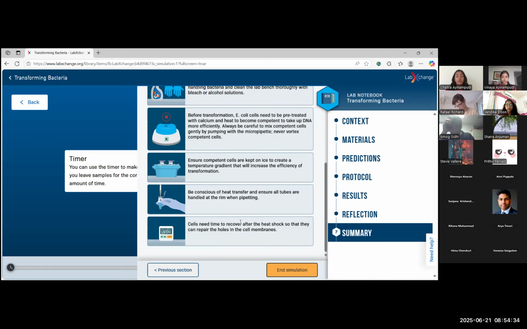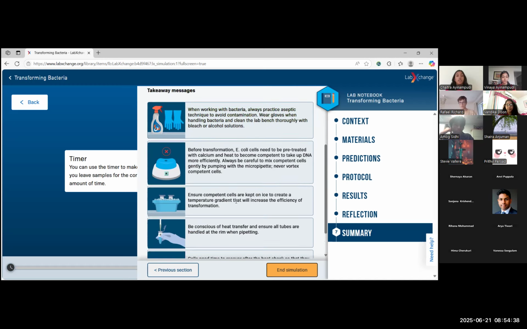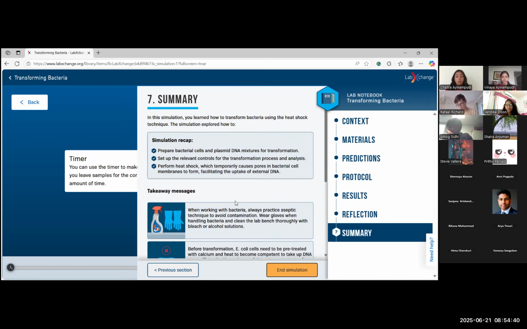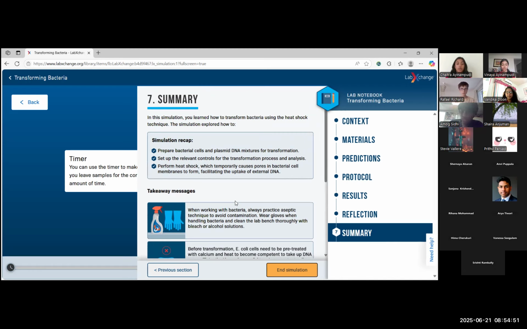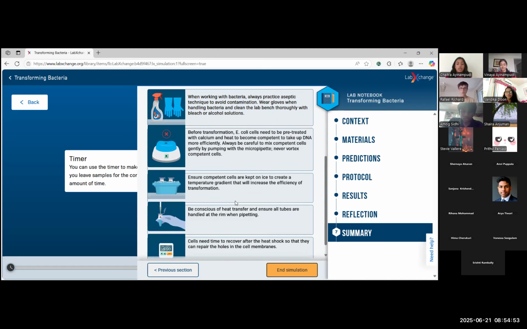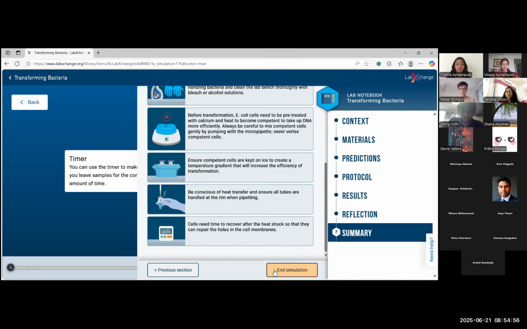And while you're doing transforming bacteria, if it's not for E. coli bacteria or with P minus and P plus, it will be different for everyone because each cell and DNA mixture has its own type of process to transform. And so you guys can go through this.